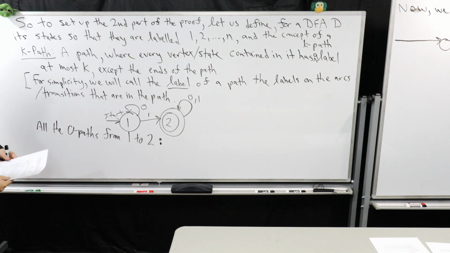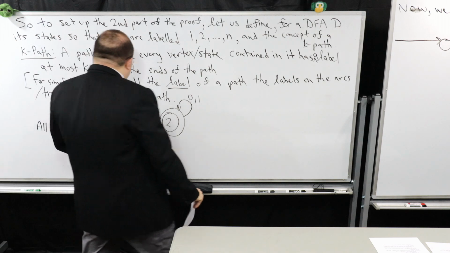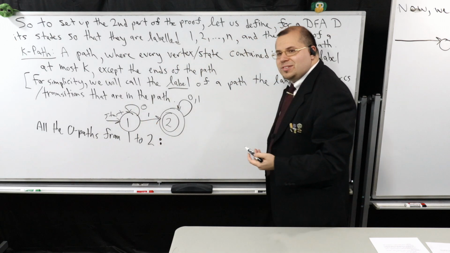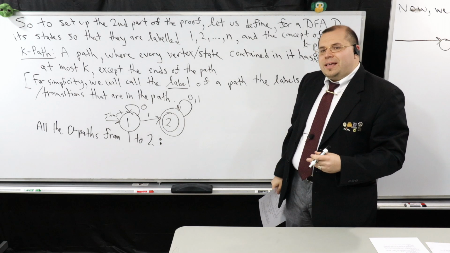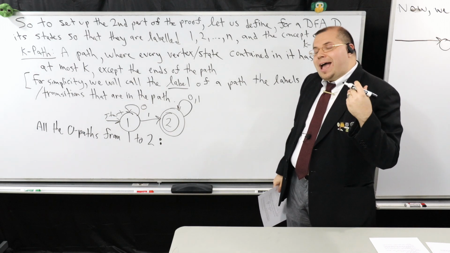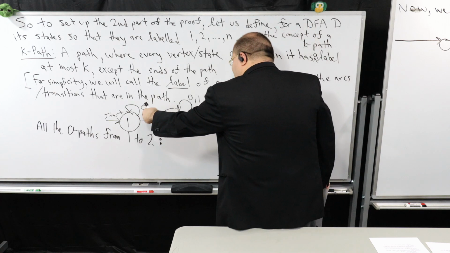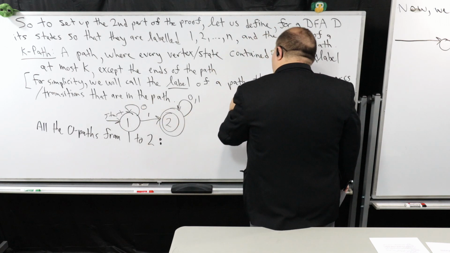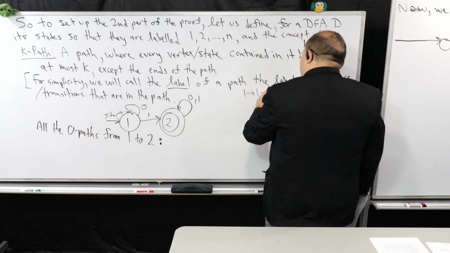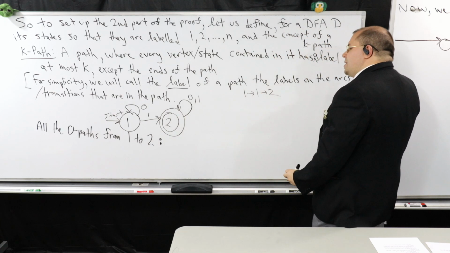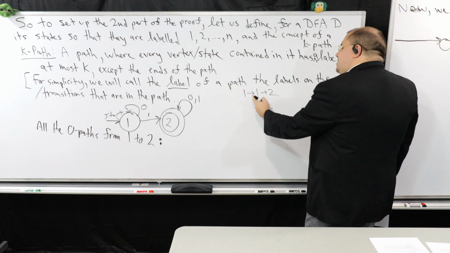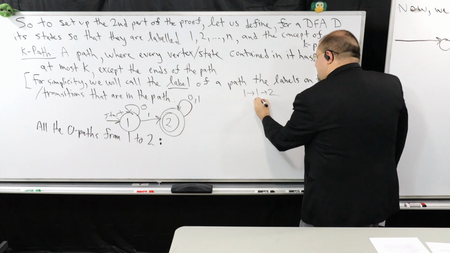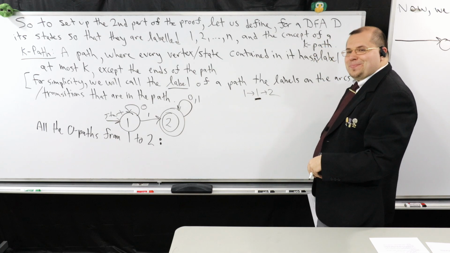But notice something. Can I take this self loop on 1? Can I repeat this several times? The answer is no, because now I have a path. Say if I take a self loop, if I go 1 to 1 and then I go to 2, that would be a path 1, 1, 2 like this. So notice that this is not a 0 path, right? Because this is greater than 0.